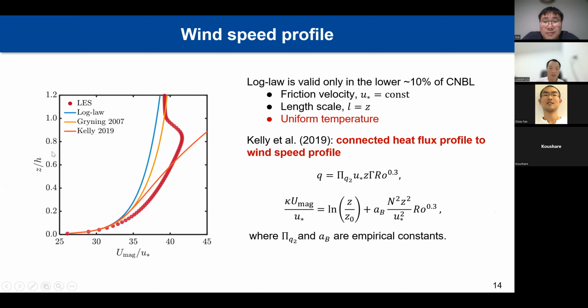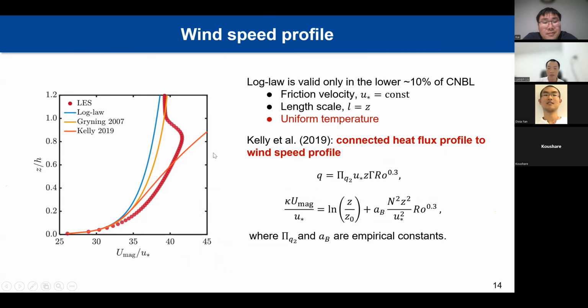You see, up to about 0.7 of the dimensionless coordinate, its performance is better among these three models. However, further above, it deviates significantly from the real case.